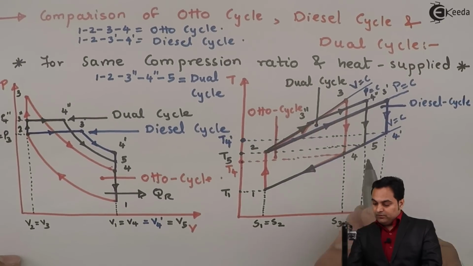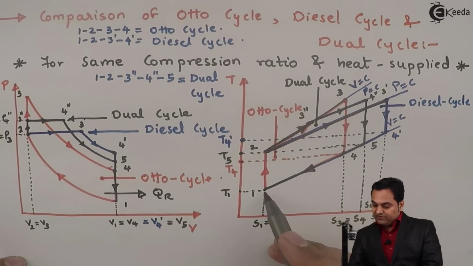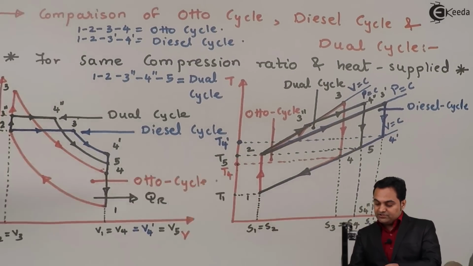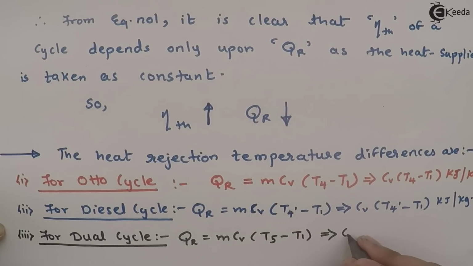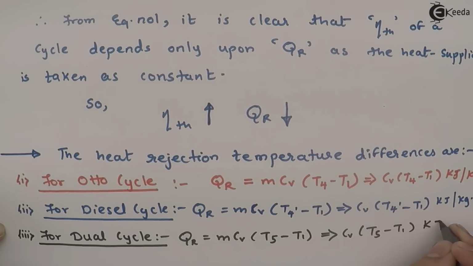For the dual cycle, heat is rejected from 5 to 1, so it is T5 minus T1. If mass is assumed as 1 kg, it becomes Cv (T5 minus T1) in kilojoule per kg.